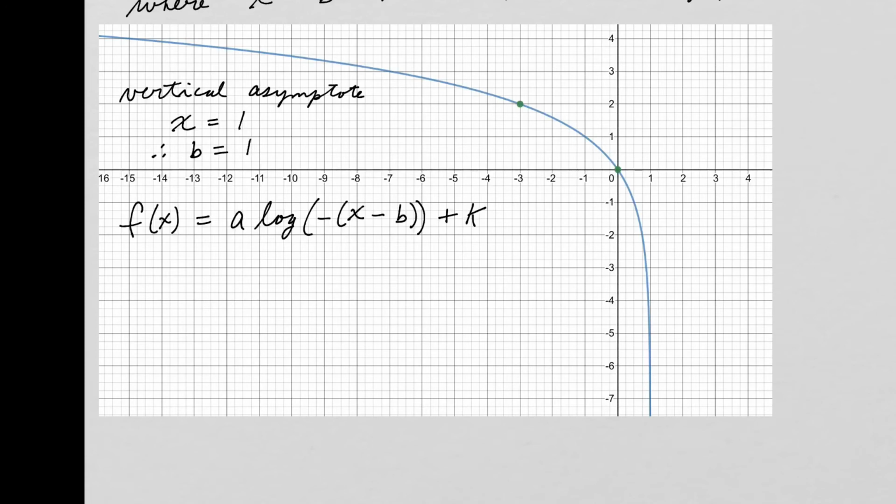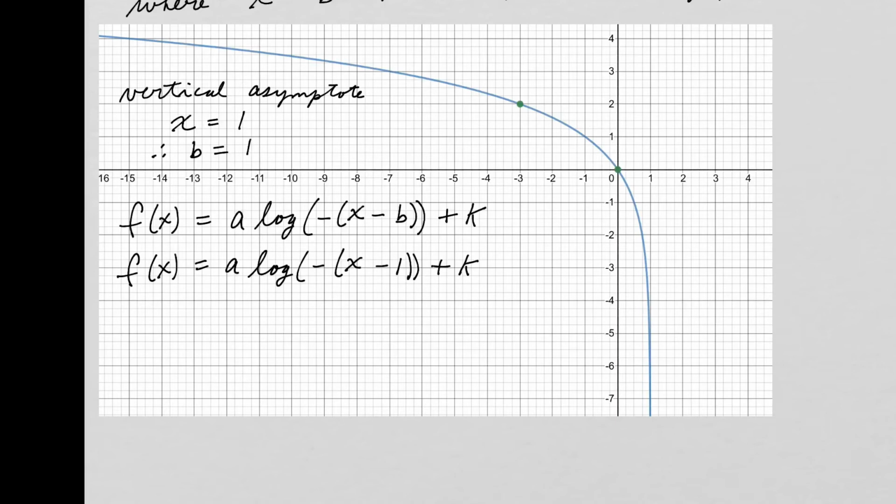Okay, well, we know b is 1, so I could go a little further. I could write this as a times log of negative (x minus 1) plus k. And I still don't know a, and I still don't know k. But I can figure those out.